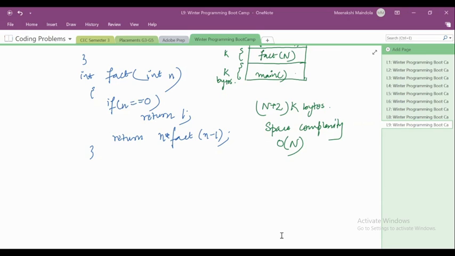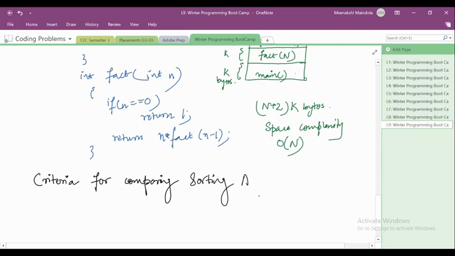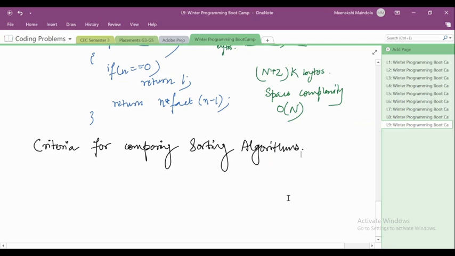Yes. So let me write this down as the criteria for comparing sorting algorithms. Let us look at what are the different things that you need to look at whenever you are considering a particular sorting algorithm.